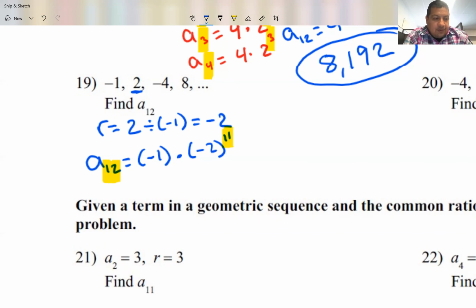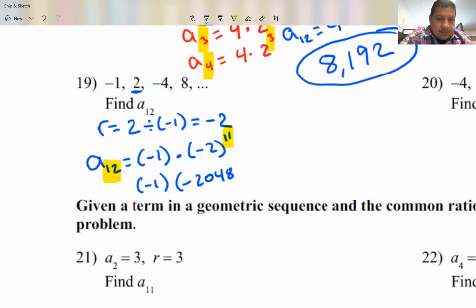All right, so let me find out. My first number is just a -1, and -1 is just a -1. Now, -2 to the 11th. I use a calculator, and it gives me -2048. Notice I didn't write my comma in the 2000. Like I said, the comma is optional.